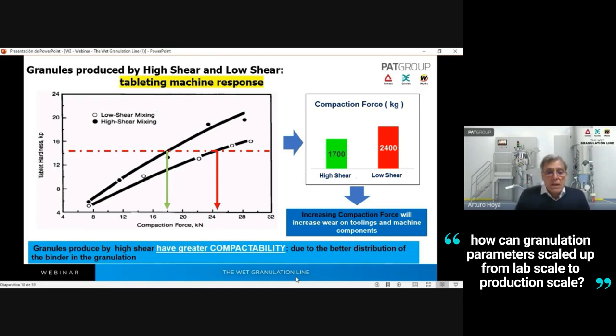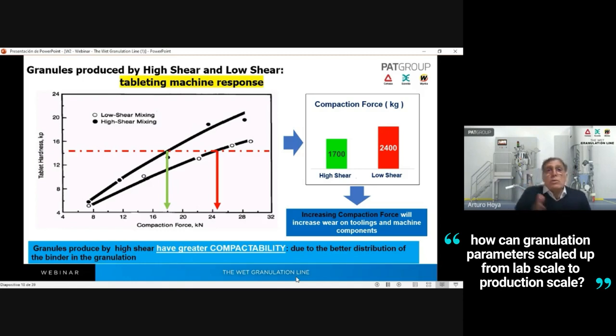Of course, if we use a small bowl, the diameter is low, so we need to use high RPM. Let's suppose that in this case, the tip speed gives us 5 meters per second. Let's say the end of the impeller rotates at 5 meters per second.